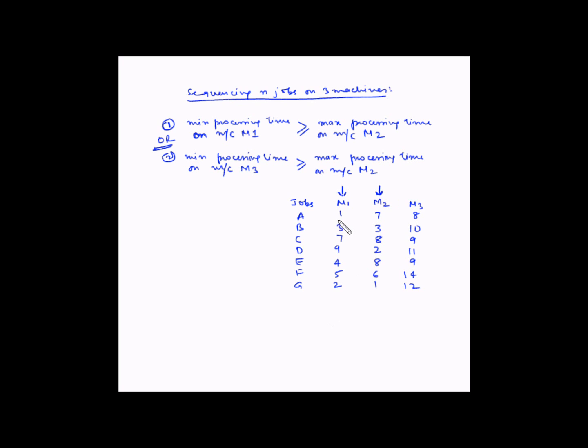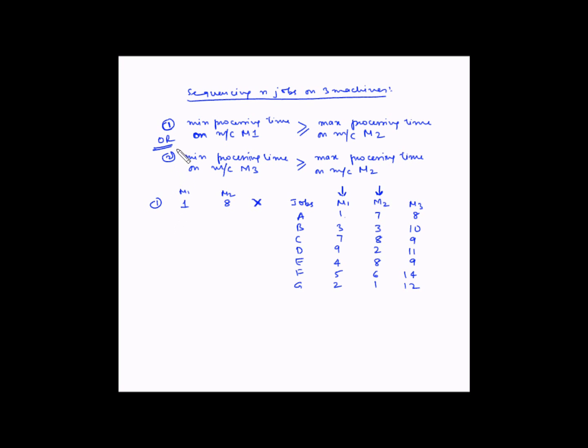The minimum processing time on machine M1 is 1, and the maximum processing time on machine M2 is 8. So is the first condition fulfilled, that is 1 greater than or equal to 8? No. So this condition is not satisfied.